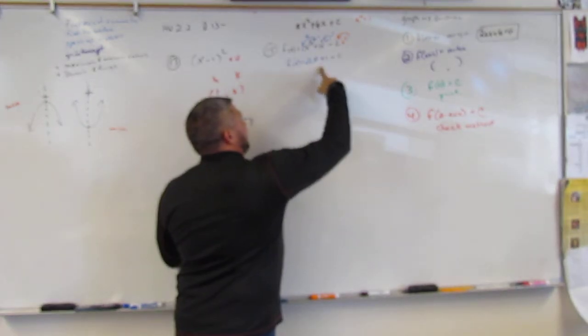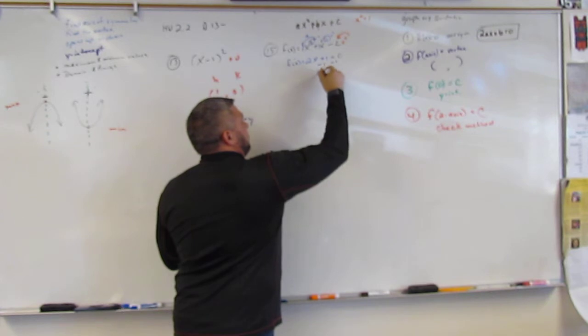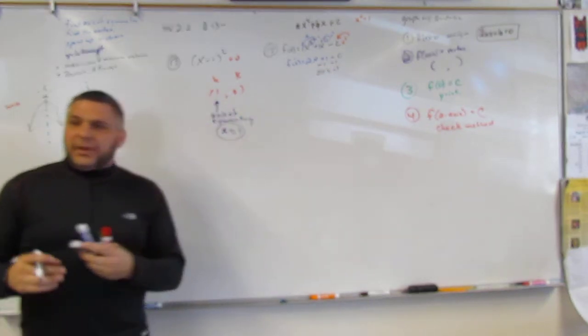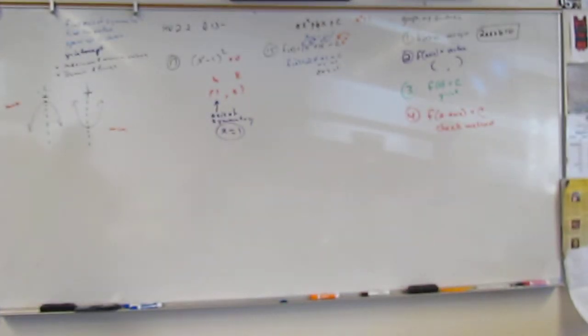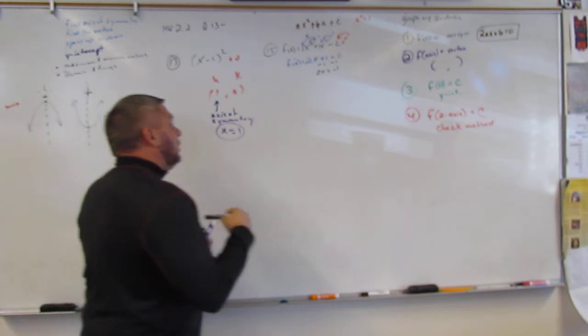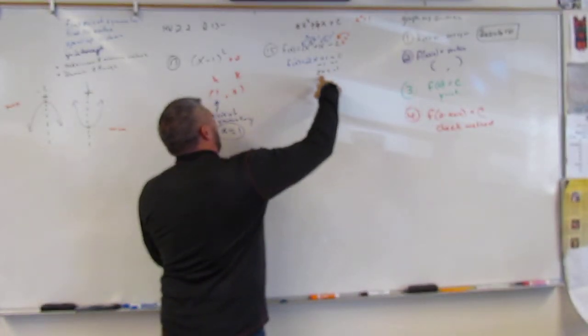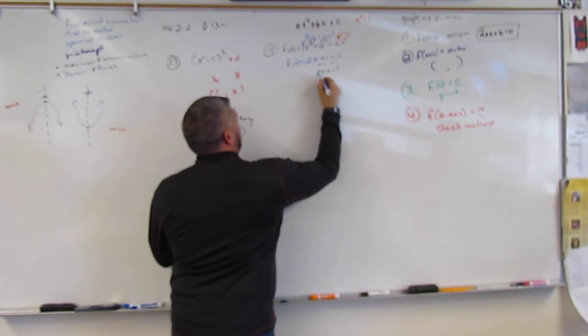But once I have this, now I solve. 2x plus 1 equals 0, so 2x equals negative 1. Then what? What do we do? Come on. Divide by what? 2.